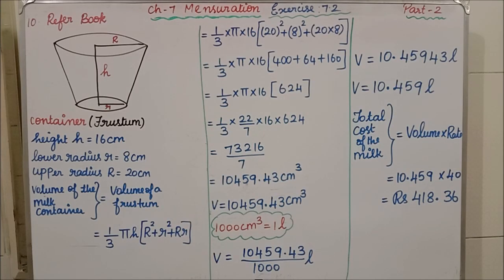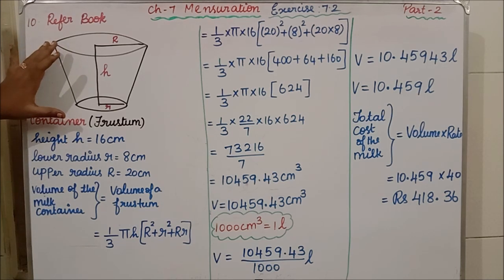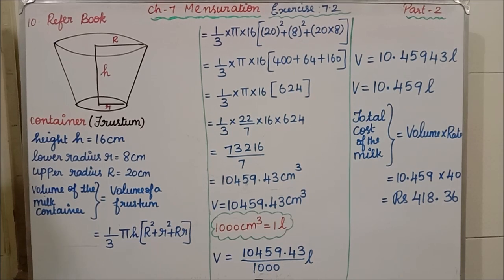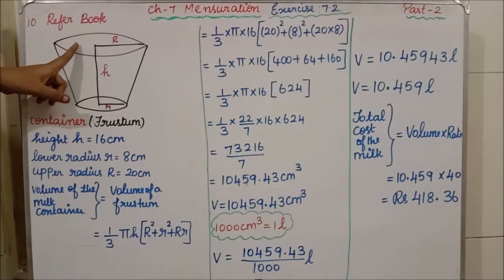I am going to read the 10th question from the book. You also see the book so that only you will understand what I am saying. Clear? See the question. A container open at the top in the form of a frustum of a cone of height 16 centimeter, with radii of its lower and upper ends 8 centimeter and 20 centimeter respectively.